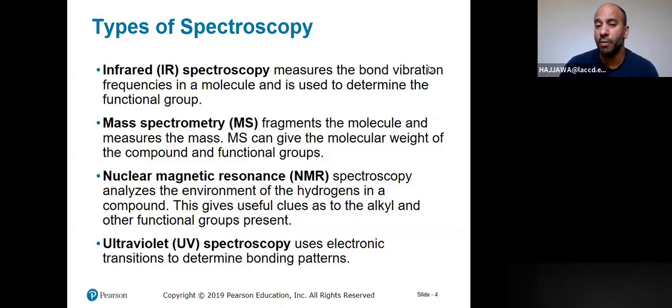This is a very important tool that we're going to go over in the following lecture. Ultraviolet spectroscopy is basically for diene compounds and sometimes alkenes as well. So those are the tools that we usually utilize in organic chemistry for the purpose of analyzing compounds.